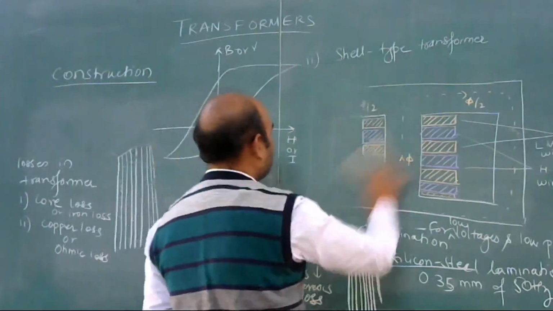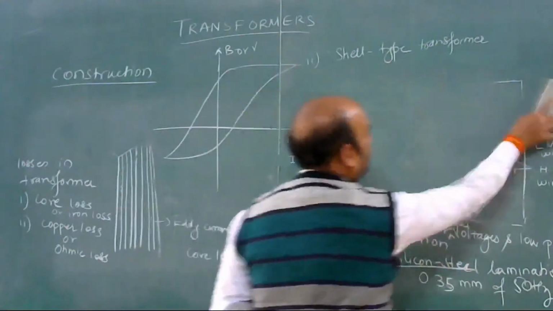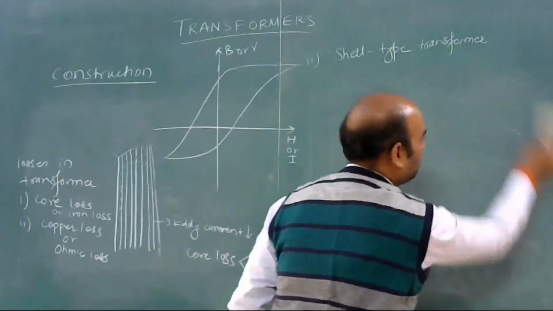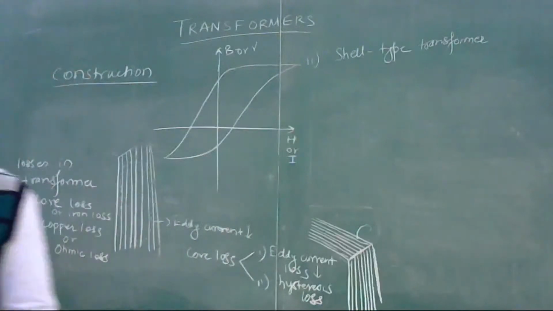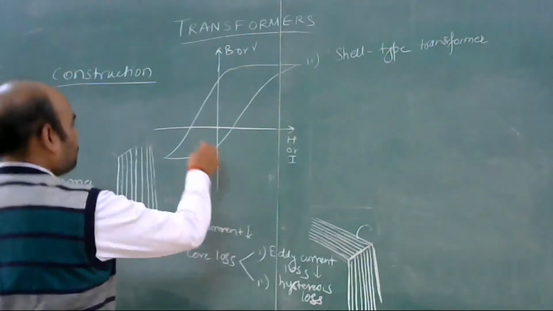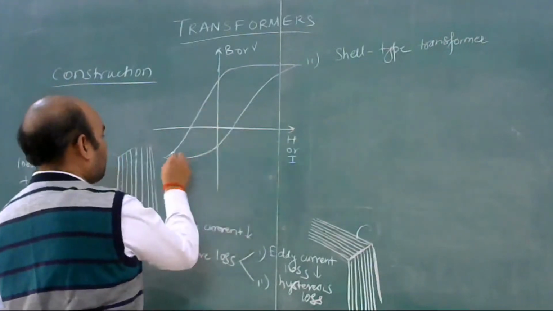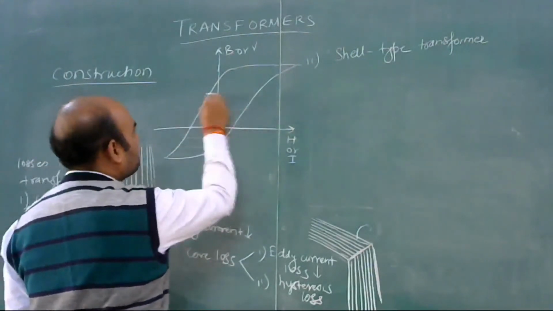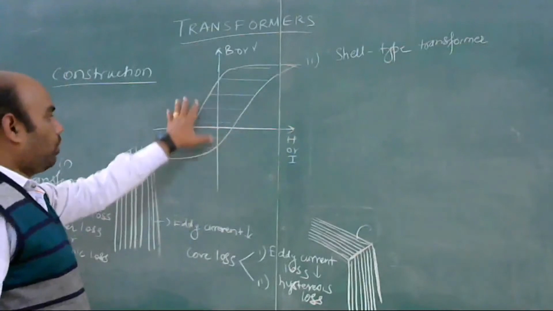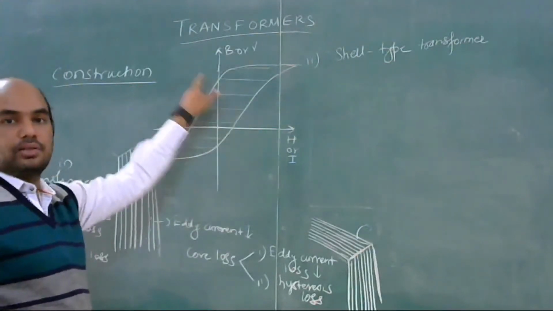The core we are using is silicon steel, so by using silicon steel we can get minimum hysteresis loss. So this is the hysteresis loop, and the area under this gives the hysteresis loss. This is also known as the BH curve.